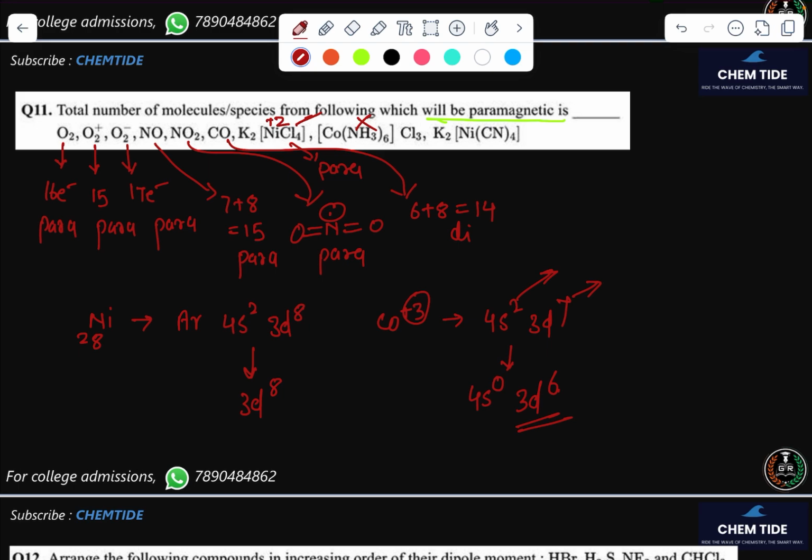Ni(CN)4: nickel also has plus 2, forcefully paired up, cyanide is a strong ligand, so it becomes dia. So the total answer we have is 6: O2, O2 plus, O2 minus, NO, NO2, and NiCl4. The rest are dia. So we have a total answer of 6.